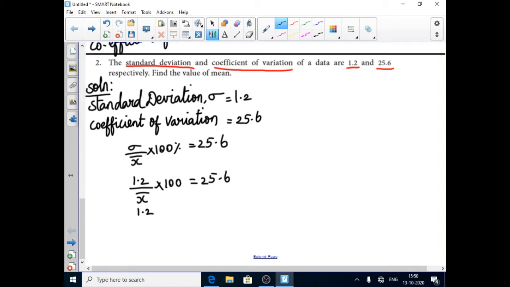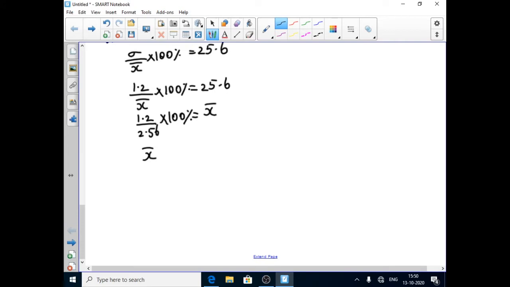So 1.2 by 25.6 into 100 is equal to x bar. The unknown you should write on the left hand side: x bar equal to 1.2 by 25.6 into 100.